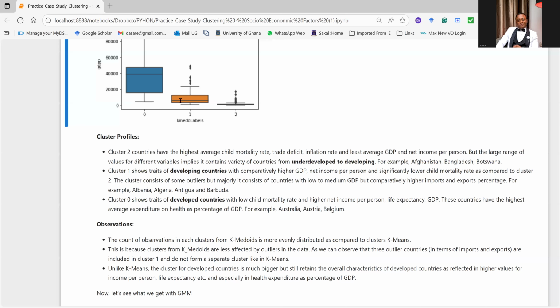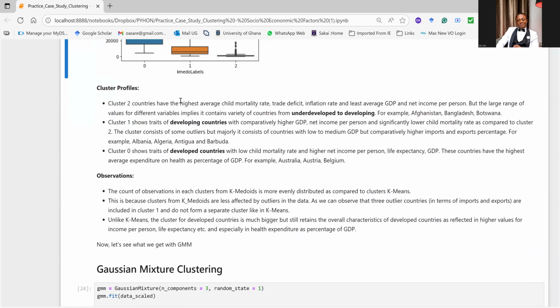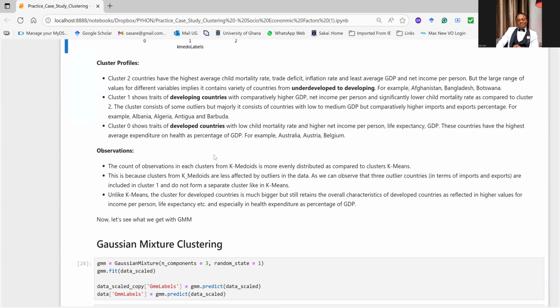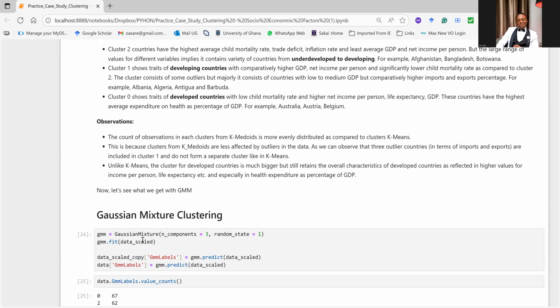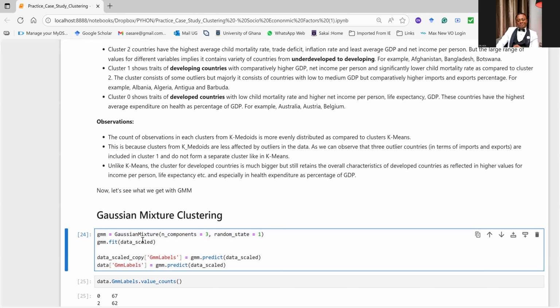One of those that you can use is a Gaussian mixture cluster. And I hope that this time that one is going to be showing us something. Let me see if it will. Hopefully it doesn't give us errors. There you go. So that is great.